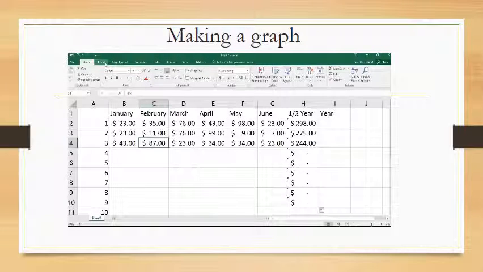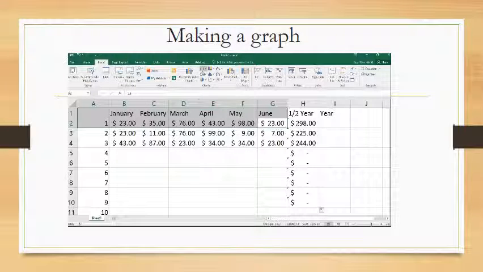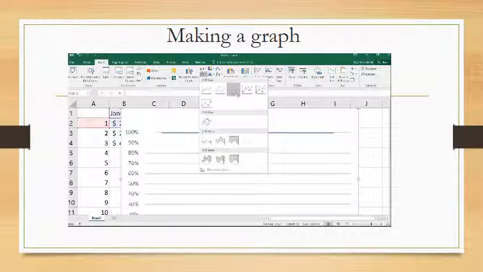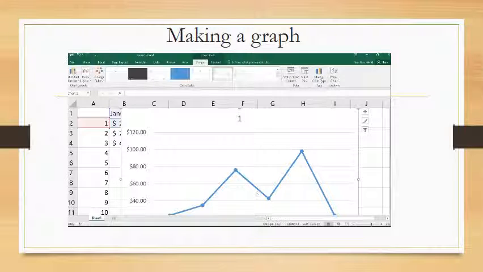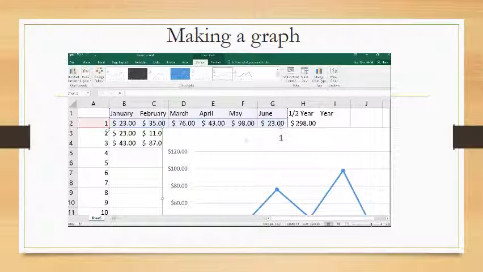Okay, adding a graph. The first thing I want you to do is decide what graph you want. I'm going to do a line graph because it's simple. I'm going to click insert, not bar graph, insert, line graph, and as I click on it, you can see here's my graph. It's called 1 because here's your 1.